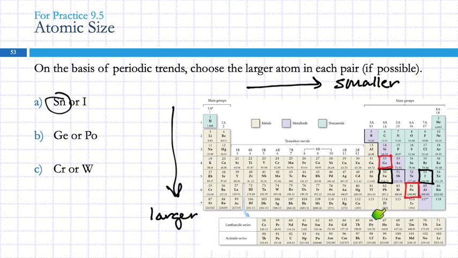This trend of going down, getting bigger, is much more important, much more significant. And so I would say if there's conflicting things there, I'd give the vertical trend the win. So you could say not possible to tell.